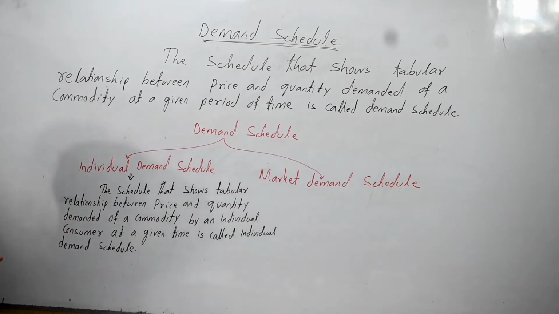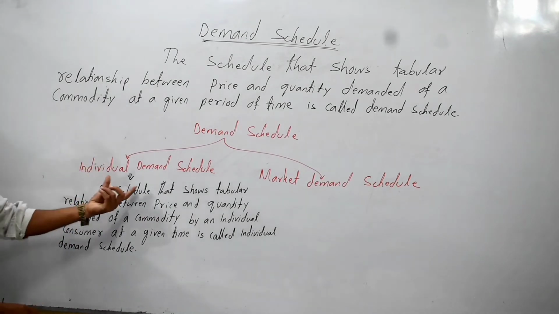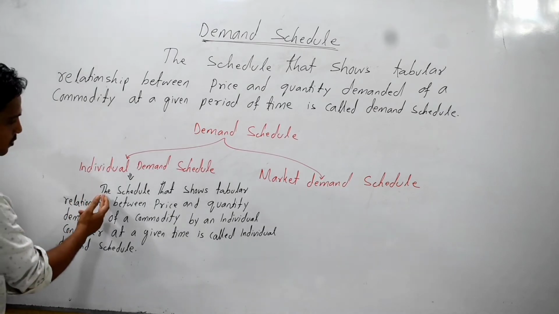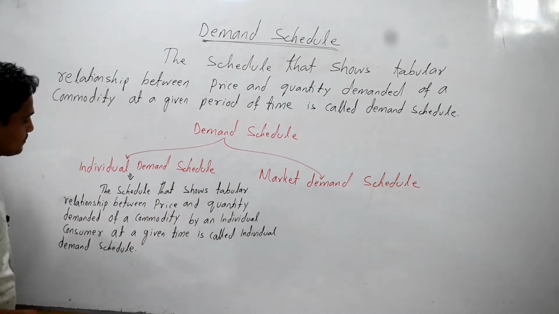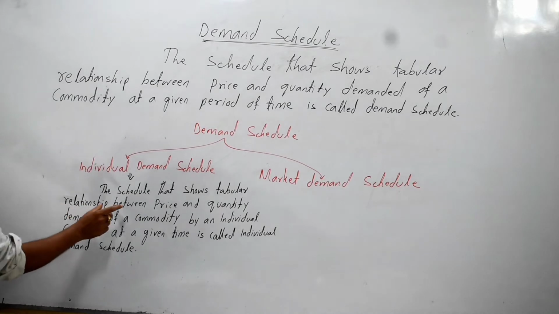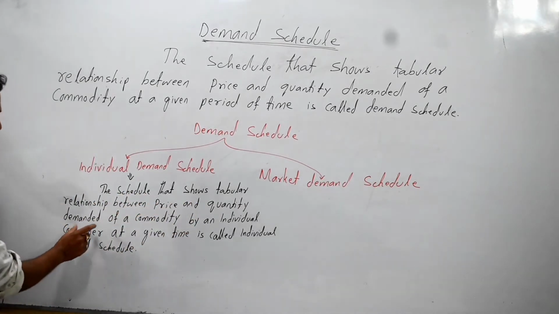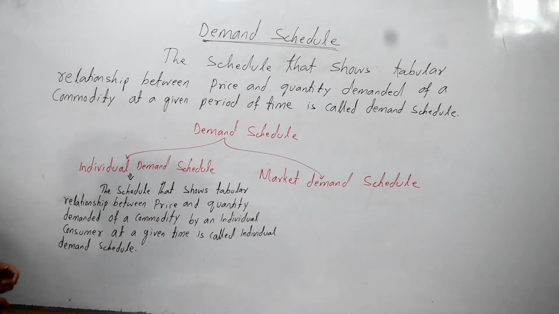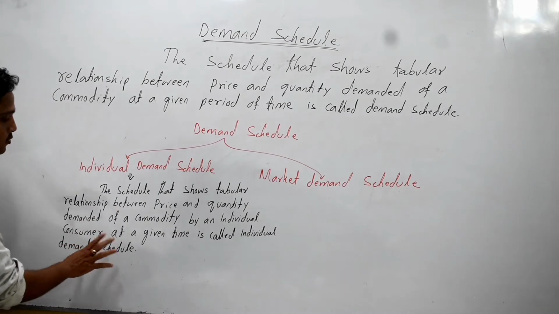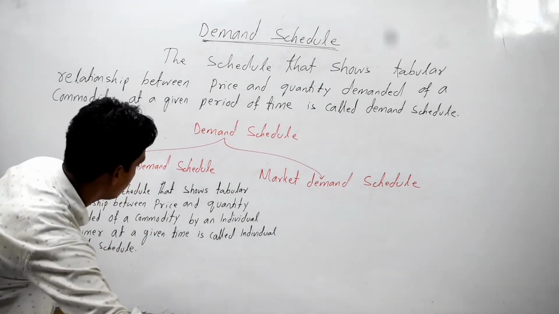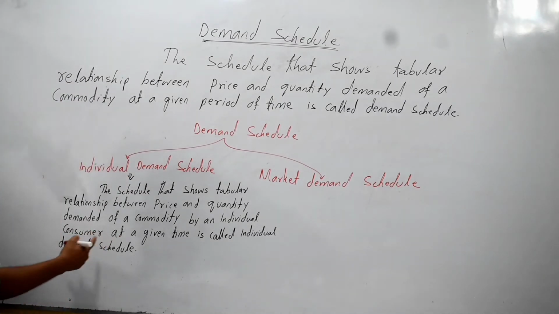So let's know the meaning of individual demand schedule. That means the schedule that shows tabular relationship between price and quantity demanded of a commodity by an individual consumer at a given time is called individual demand schedule.